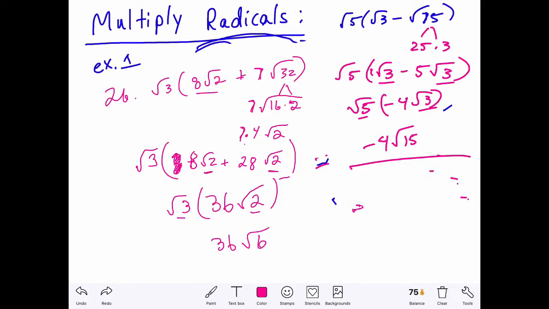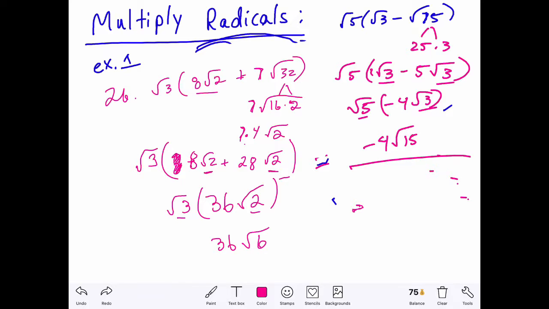Okay, so I could have multiplied that root 3 through first and then pulled things out, but for me, I like to simplify first where I can, which meant that I pulled that 16 out. The square root of 16 is 4. If there's anything out front, it multiplies by it, so that's 28, and I've still got 2 trapped under the radical.